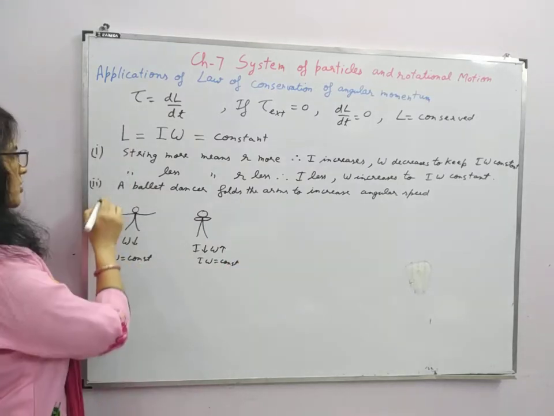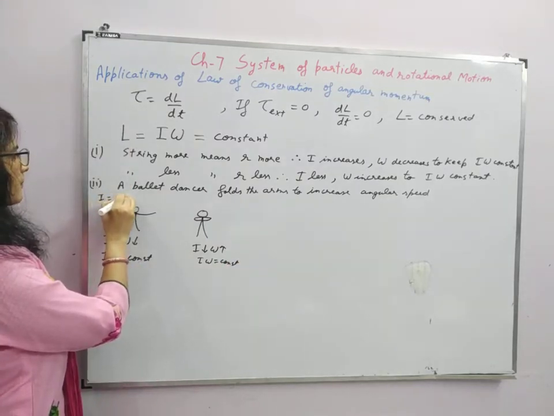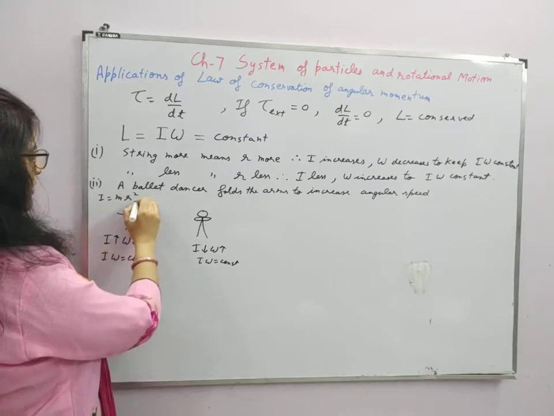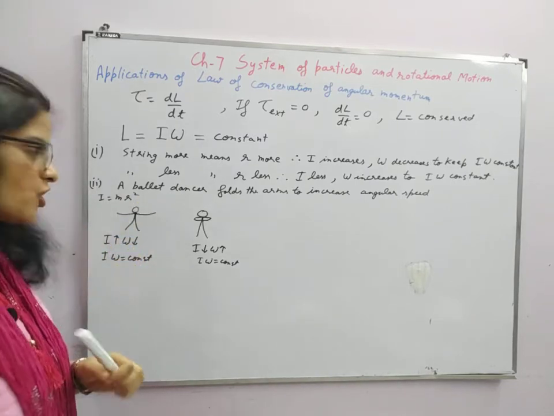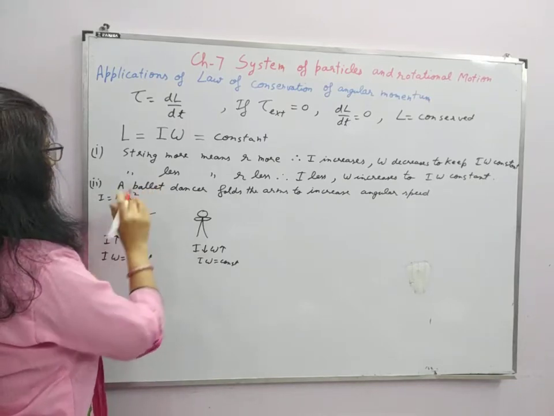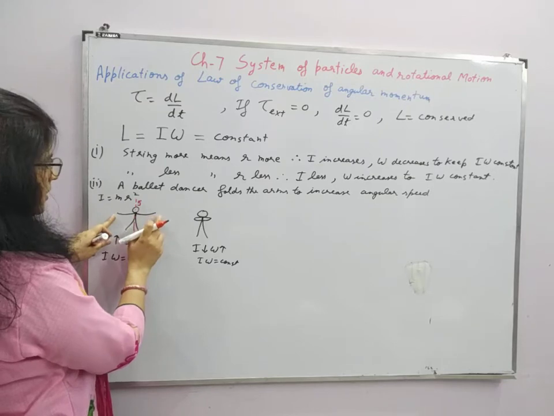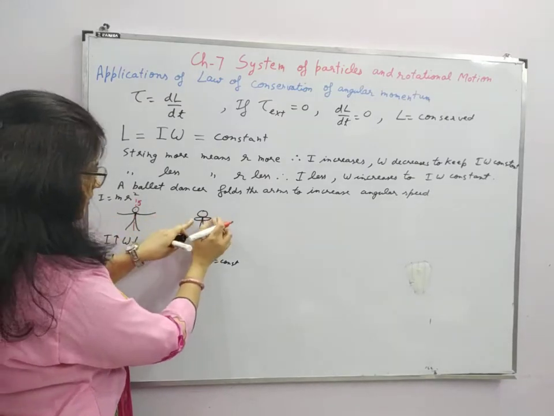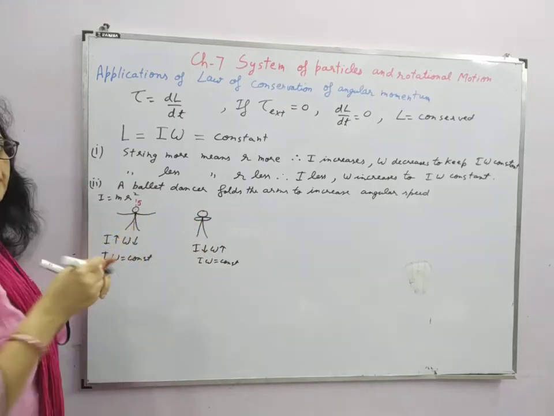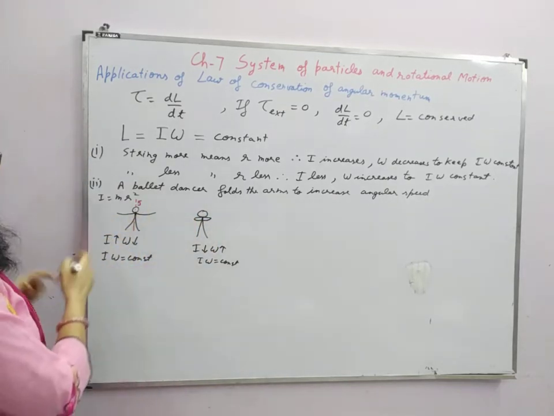So why is I changing? Because I is equal to mr square. If distance from the axis of rotation increases, I will increase. If the distribution of the mass comes closer to the axis, then the moment of inertia decreases.